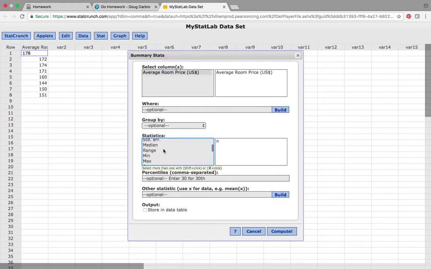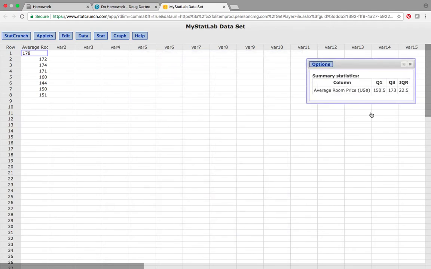Well, I needed Q1, I needed Q3, and I needed the IQR. So I see that, and guys, I've got my sheet of paper over here that I use to point out some things about the box plot. So I'm just going to write those things down before I go over. So 150.5 is Q1, 173 is Q3, and then 22.5, Q3 minus Q1, is the IQR.